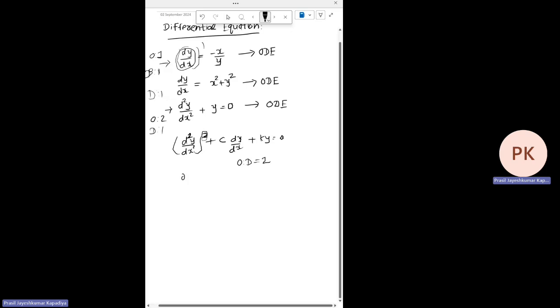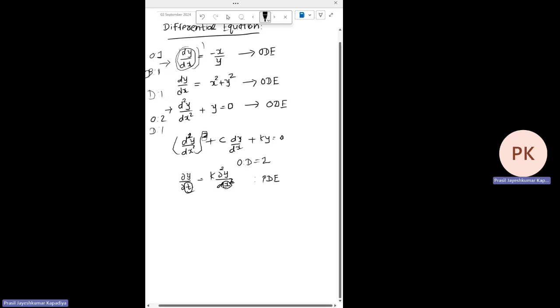So let's say I'm writing del y by del t is equal to k del square y by del x square. Here the derivative is with respect to x and t, so it is called a partial differential equation.